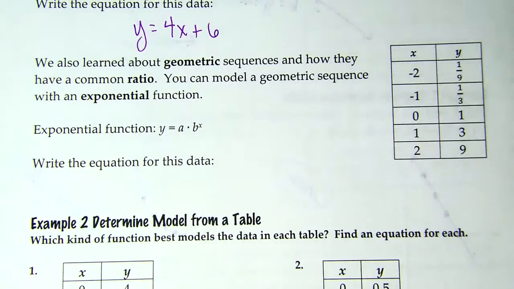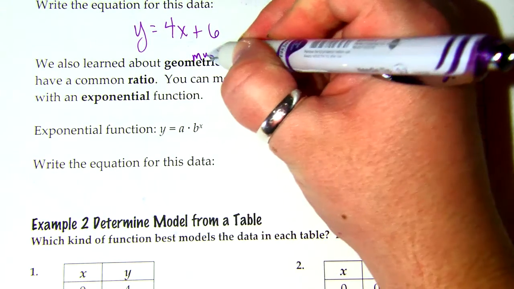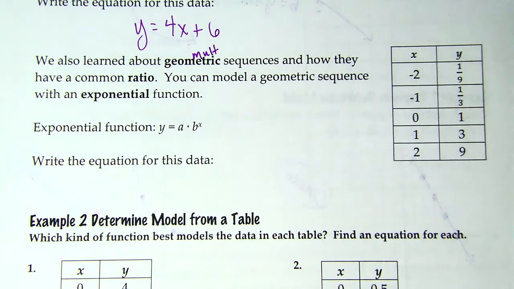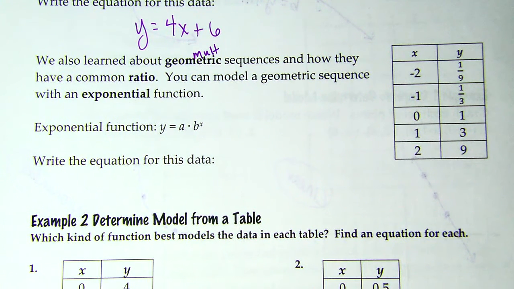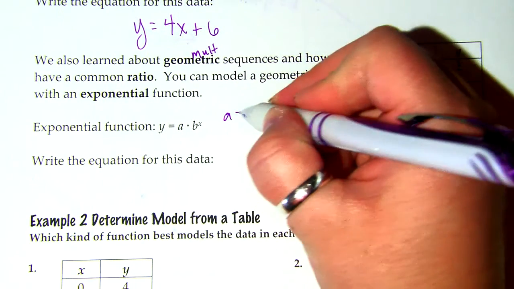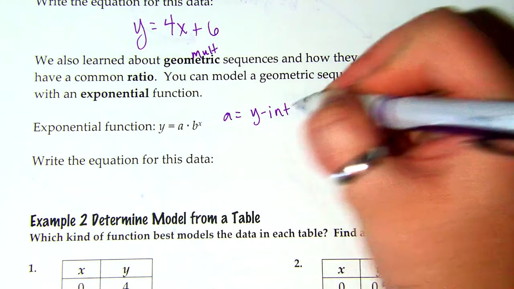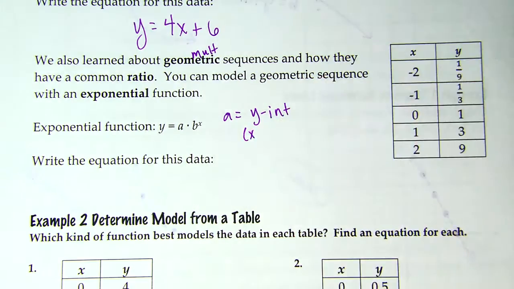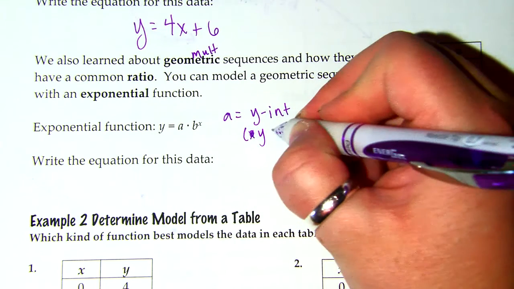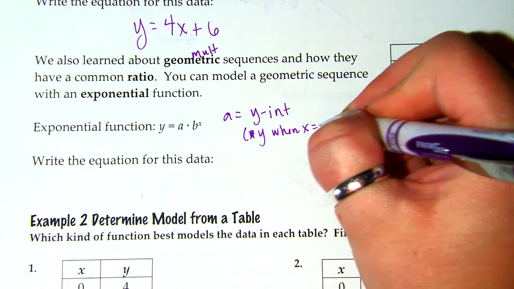Geometric, this was a multiplying pattern. It had a common ratio, the number being multiplied. Geometric sequences are exponential functions because they're getting big really fast, just like that curved line is. Again, the A is the y-intercept, which is y when x is 0.